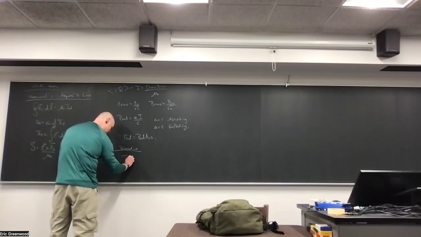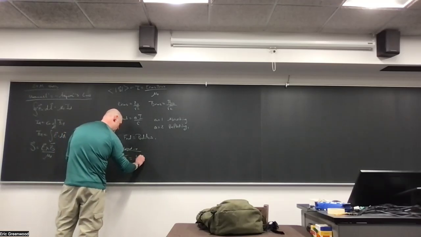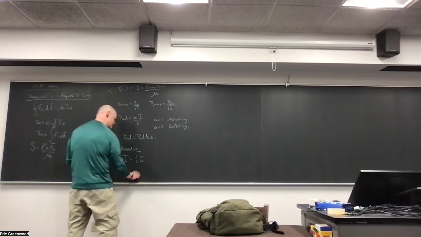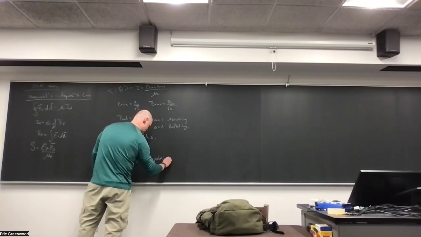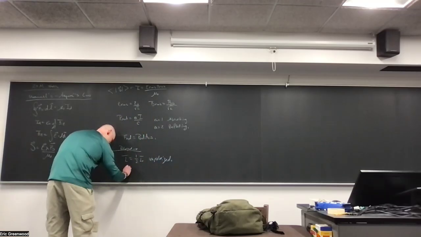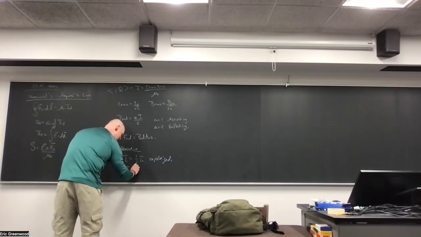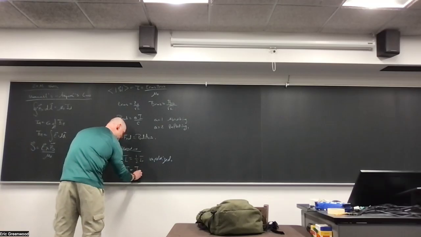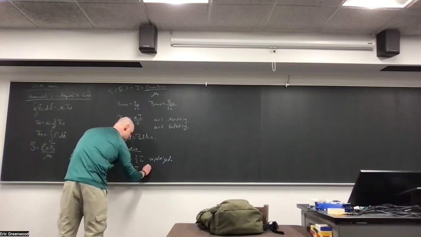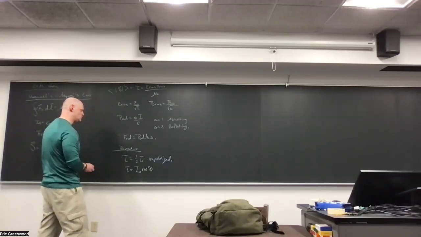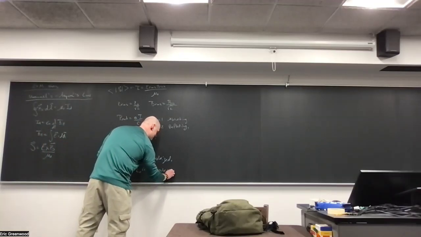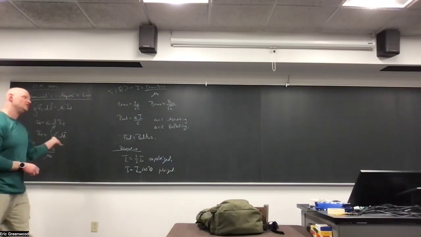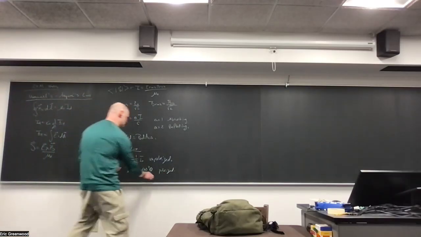The final intensity is equal to 1/2 of the initial intensity if the light is unpolarized. But it is equal to the initial intensity times cosine squared of the angle between the two if my initial light is polarized, where theta is the angle between the new and the old polarization.